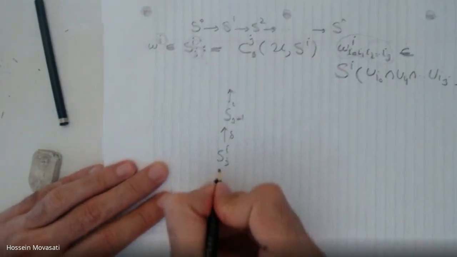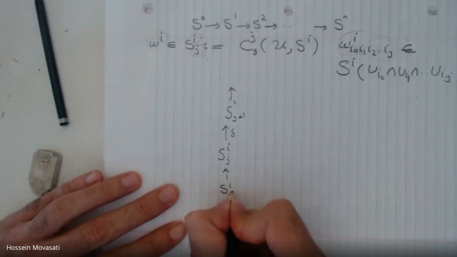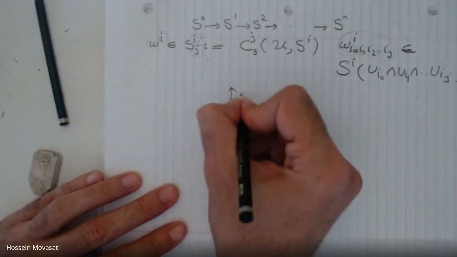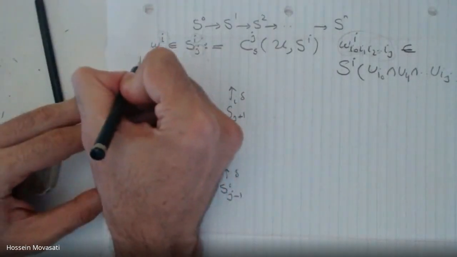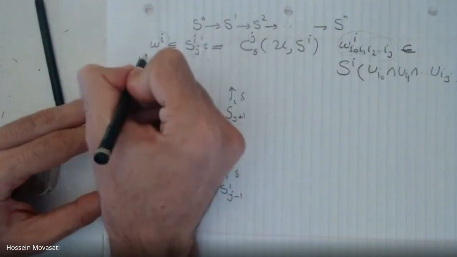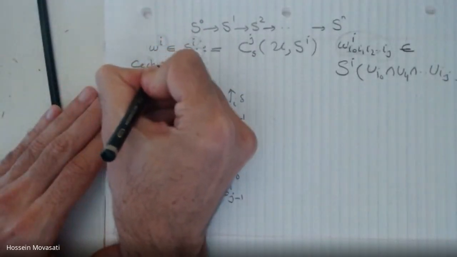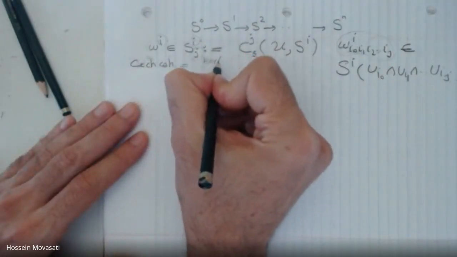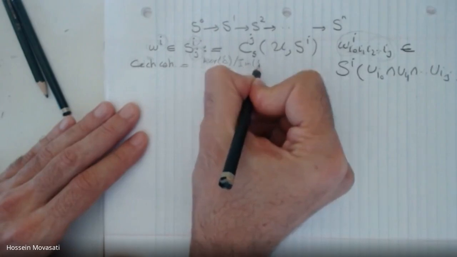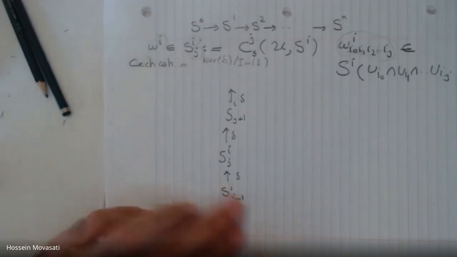Now I am writing from bottom to top; in a minute you will see why. S^i_g-1, then these are delta, delta. So the Čech cohomology was just the kernel of delta divided by the image of delta.